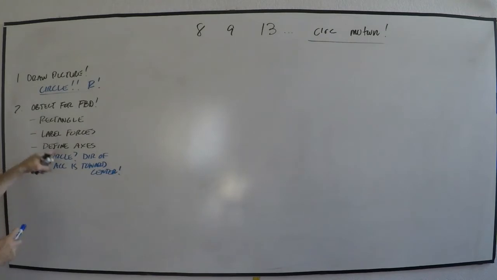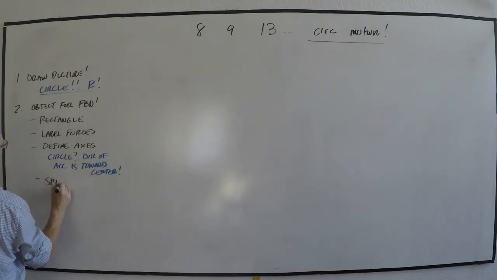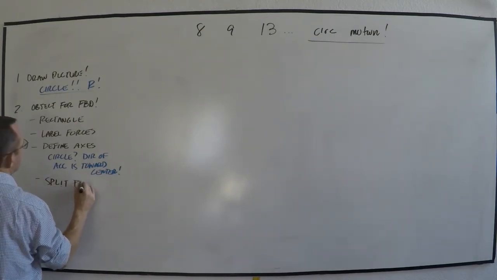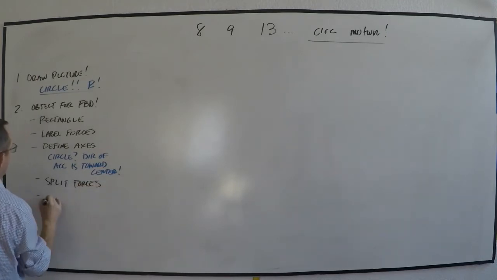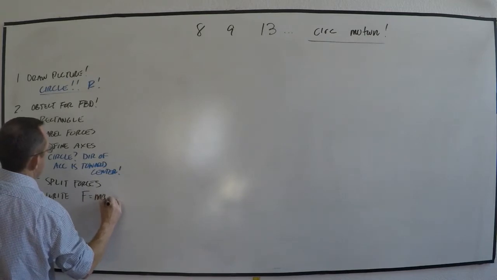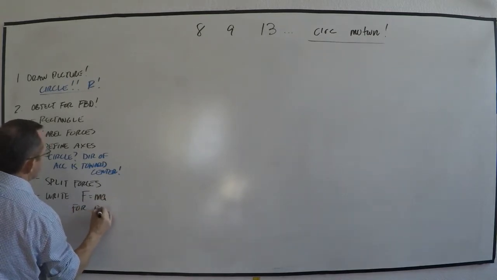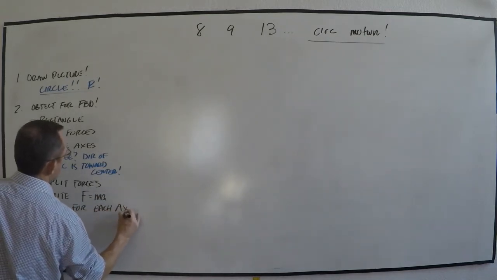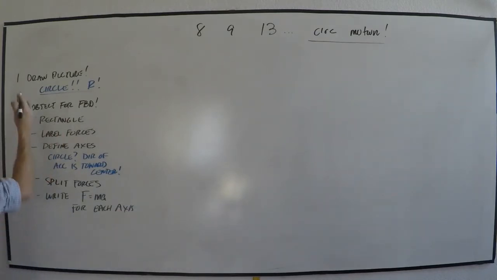So when we define our axes in a circular motion problem, one axis must point toward the center. Then we split forces into components where necessary, and then we write F equals ma for each axis. That's pretty much it. That's how we do free body diagrams, right?